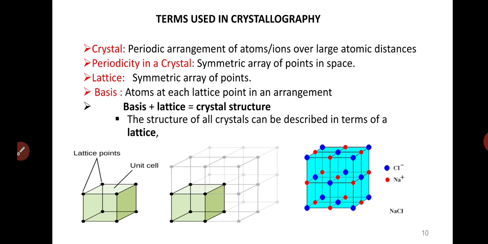The term for a symmetric array of points in space is called a lattice. So the lattice is the symmetric array of these points.